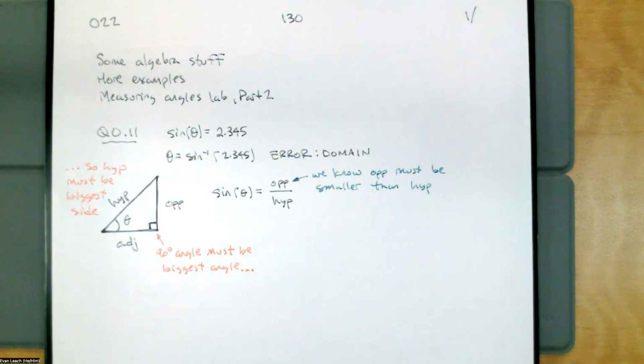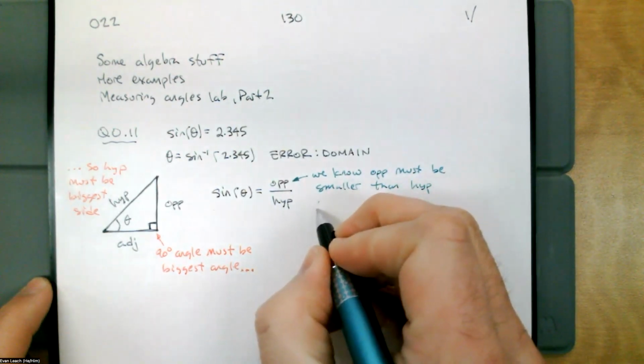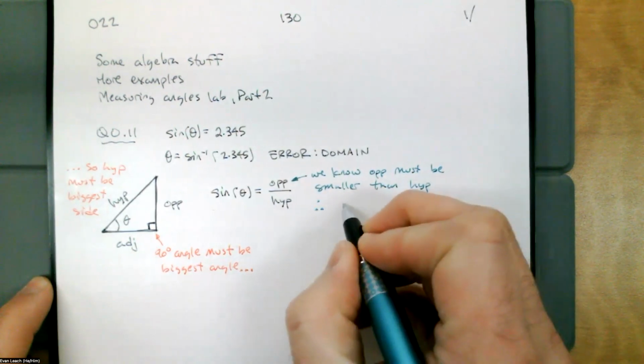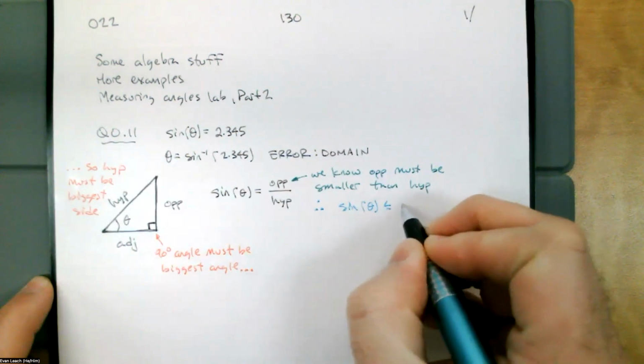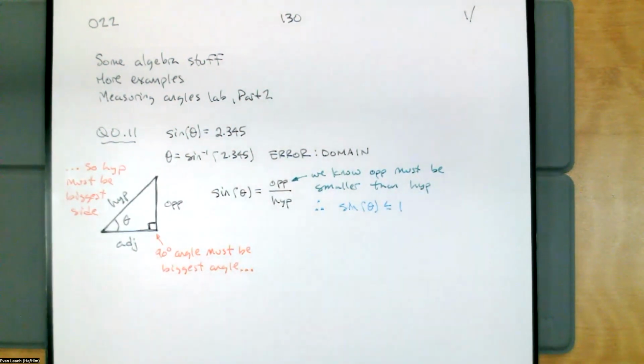What that means is if we make a fraction and the numerator is definitely smaller than the denominator, that means this fraction must be less than 1.